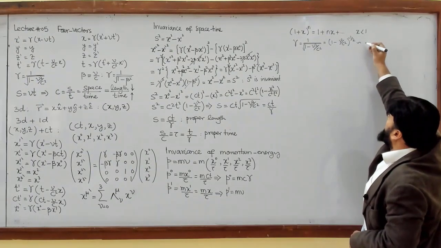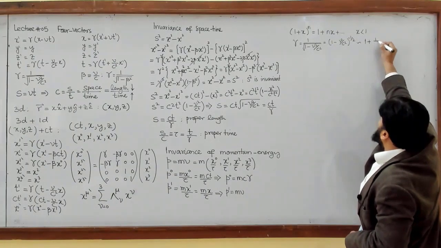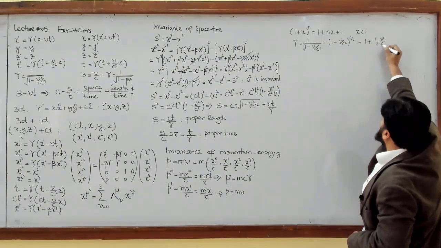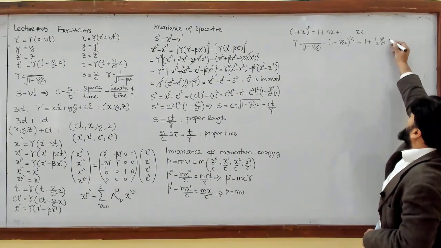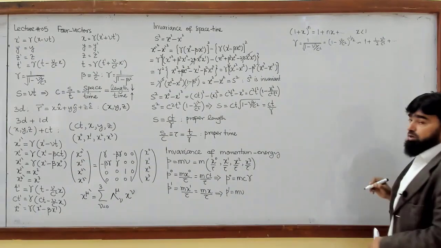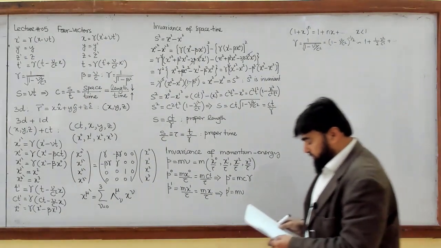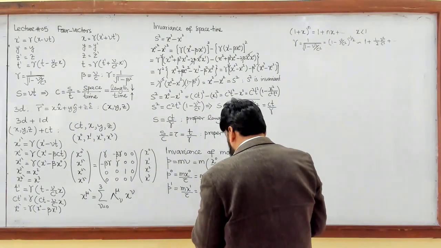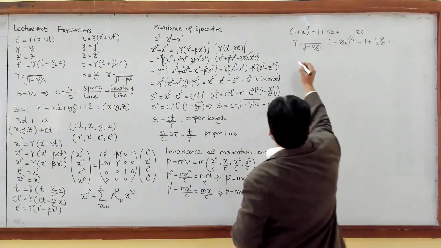So approximately this thing is equal to 1 plus half v squared over c squared. And plus there are other terms, but I am not counting them. I just go up to two terms. And now I can write, what about P naught?